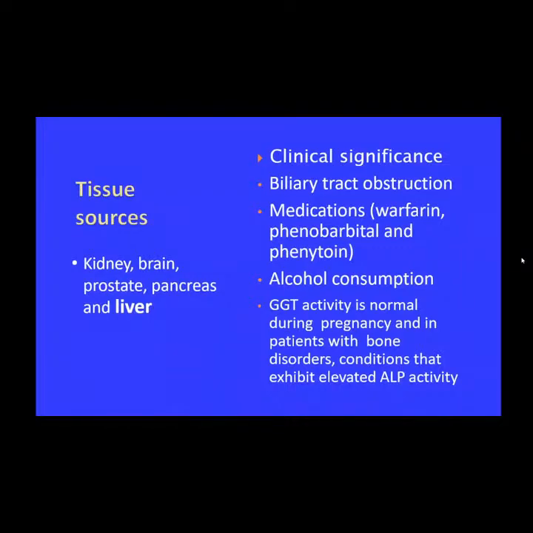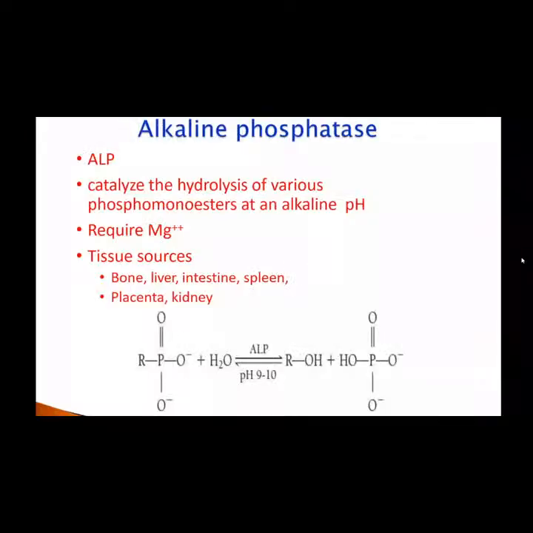What is its importance? It is used to detect any block in the bile duct, and also for bone disorder, where the alkaline phosphatase level may be increased. So it is used to indicate bone disorder and also liver disorder.